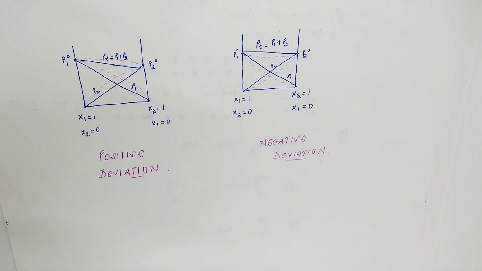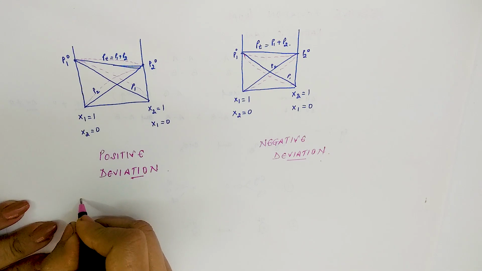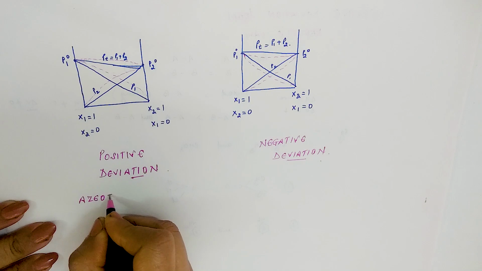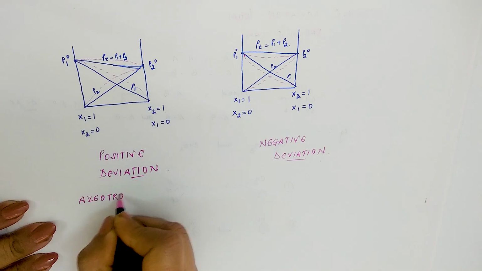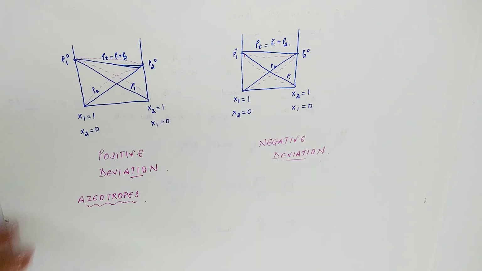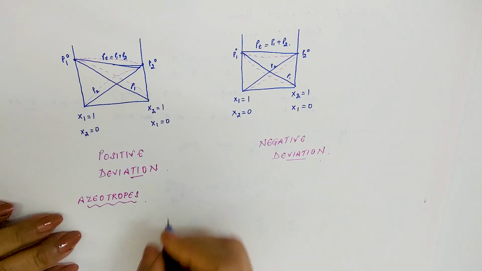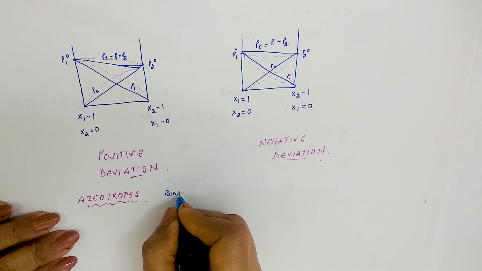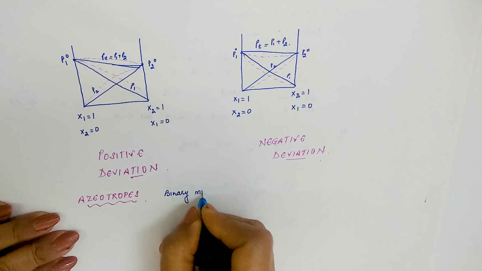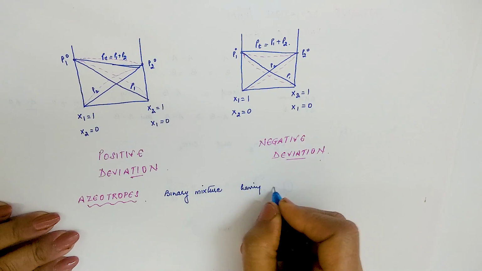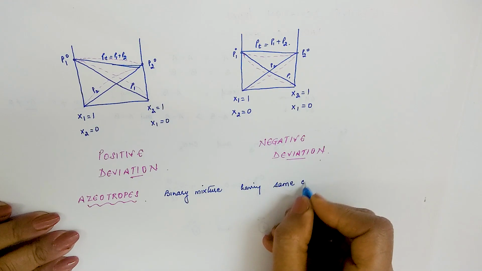Now coming to the next topic, it is azeotropic mixture. Now first of all, what are azeotropes? It is a binary mixture which has the same composition.